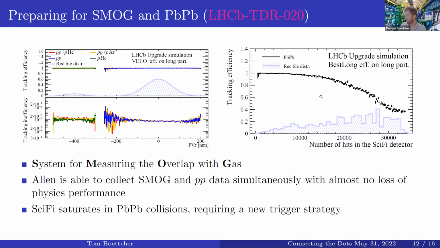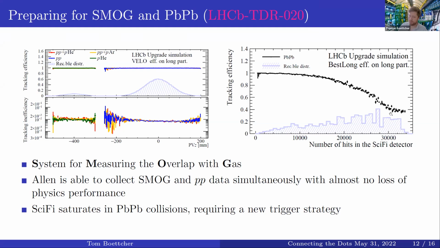And so one issue we have is that as we get to very high detector occupancies, the SciFi starts to saturate. So this plot shows the tracking efficiency in lead-lead events as a function of the number of hits in the SciFi detector. And so what you can see is that this efficiency really starts to fall off, and the SciFi is saturated by about 30,000 hits.